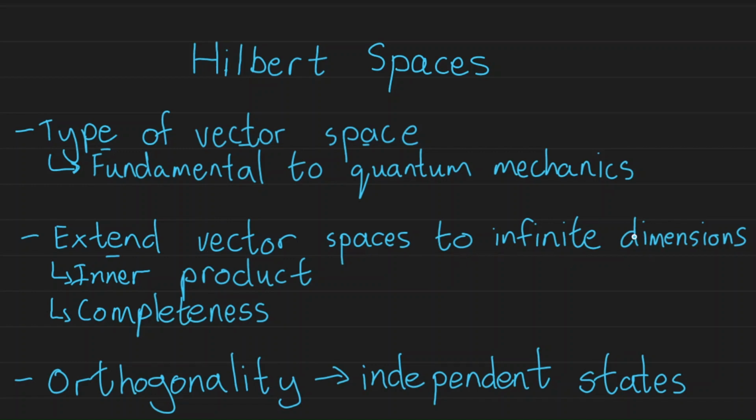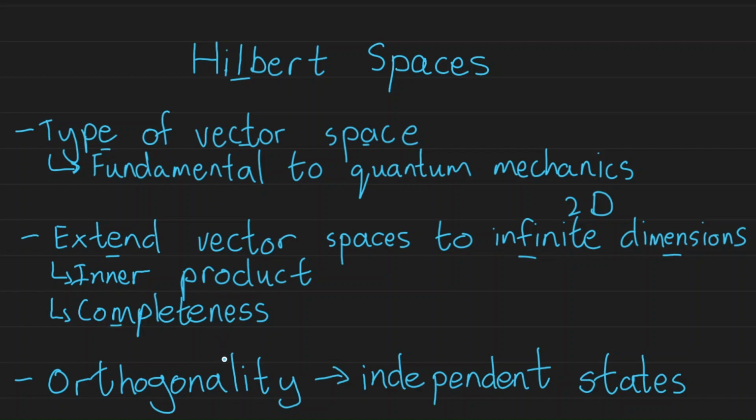Whereas just now we've spoken about inner product spaces and so on in 2 dimensions and 3 dimensions, and all of this analysis took place in finite dimensions, Hilbert spaces are characteristic in that they have infinite dimensions. What's characteristic about this is that all the previous analysis in terms of the inner products and so on still apply, but there's an additional criterion in that we have to have completeness.